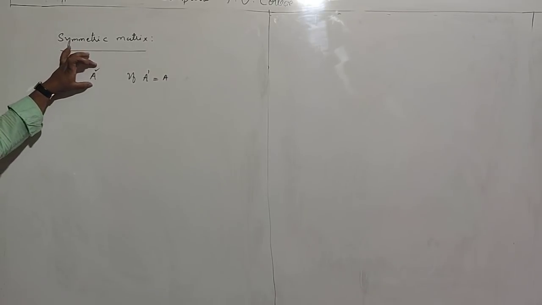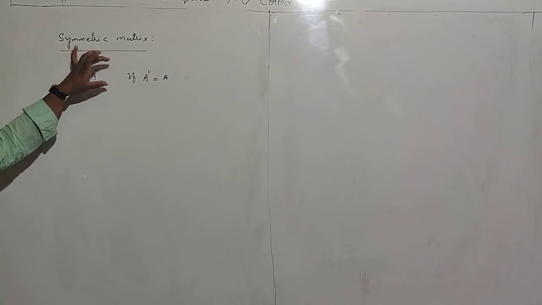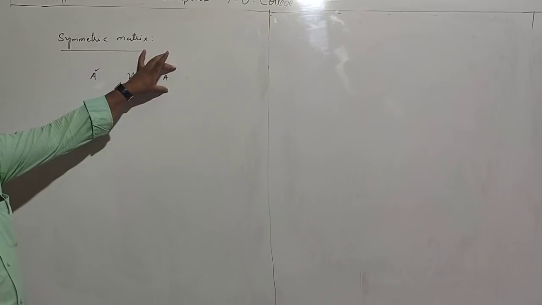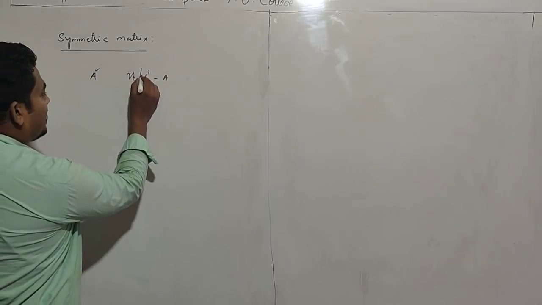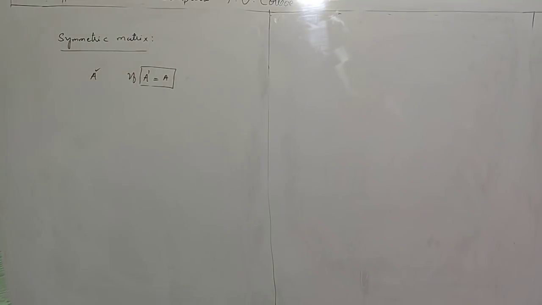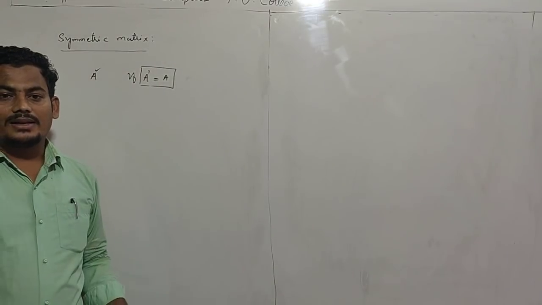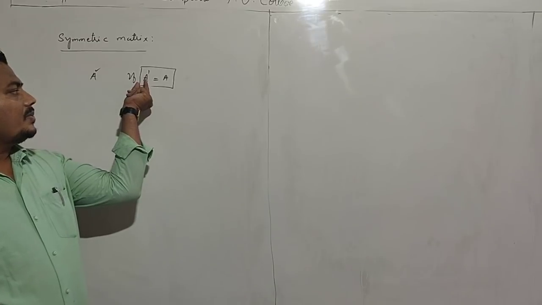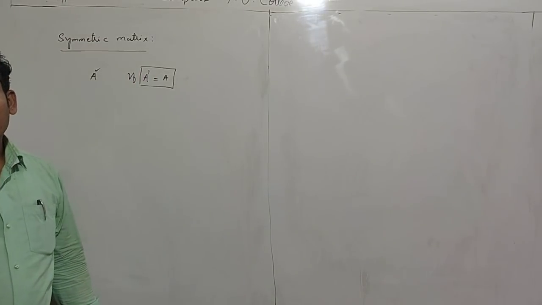A square matrix capital A is said to be symmetric if A transpose equal to A. If this condition is verified, then we can say that A is symmetric.